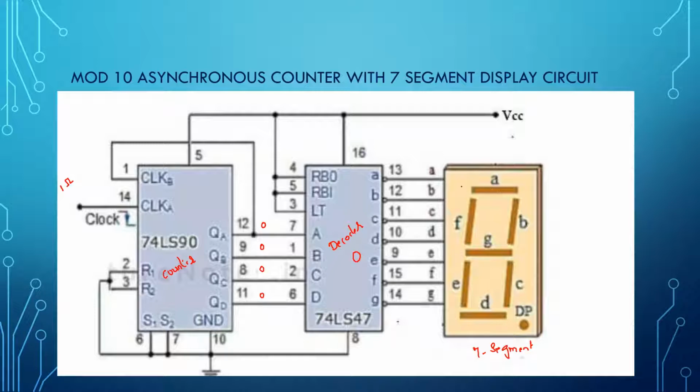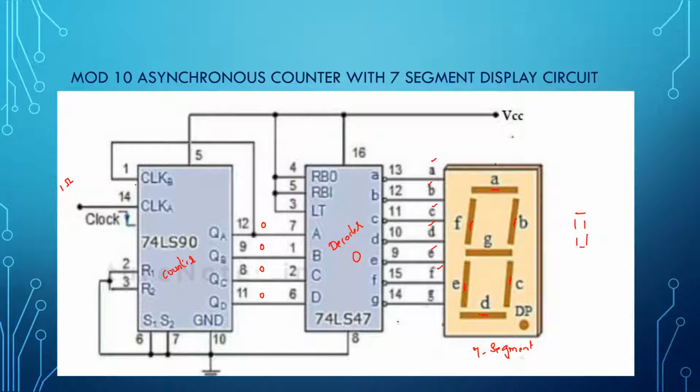So the decoder will send an output of A high, B high, C high, D high, E high and F high, which means that LED A, LED B, LED C, LED D, LED E and LED F will be turned on, which will be seen like this. So this is nothing but your 0.